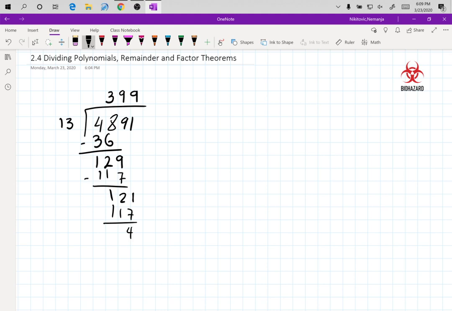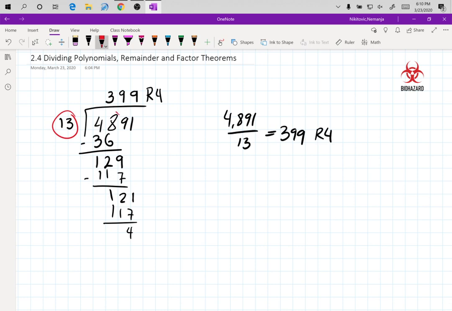We don't need them because we actually need the remainder. So I'm just going to say R4. So if you divide 4,891 by 13, you will get 399 with the remainder 4. Now, obviously, you can use the calculator to check this. The algorithm is going to be the same whether you use numbers or you use polynomials.